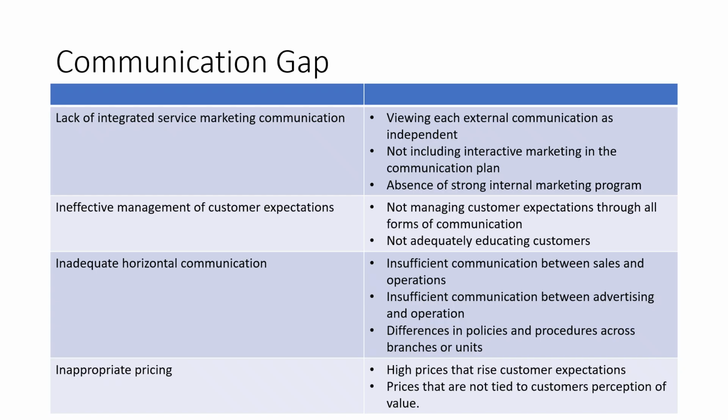There's an issue of policies and procedures, where customers may receive excellent service in one branch and poor service in another. This inconsistency damages trust. It damages the brand image, and others. And also the issues of price. When prices are high, customers expect premium quality, superior performance, and high reliability.